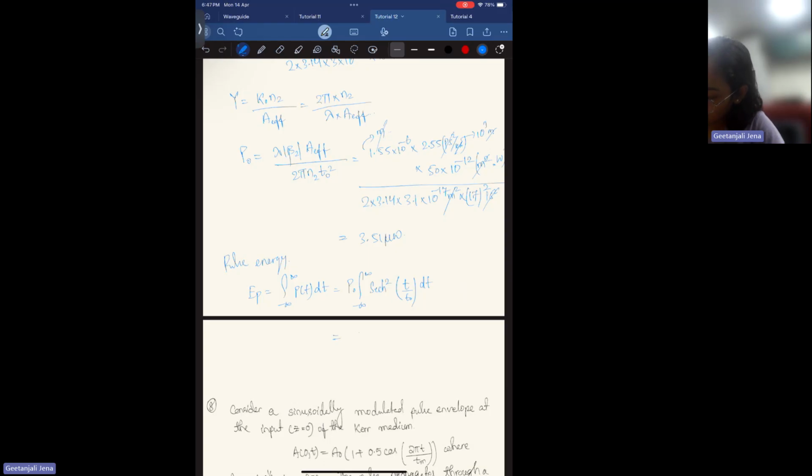So this will give a value of 2 times P0 T0. P0 we already know, we have calculated the value for P0. This is 3.51 into 10 to the minus 6.